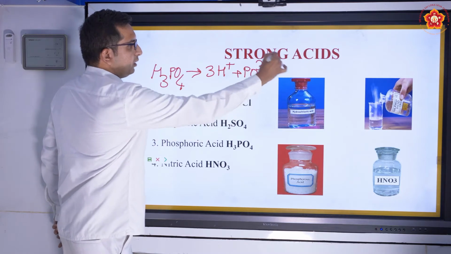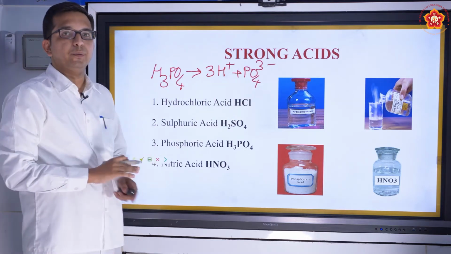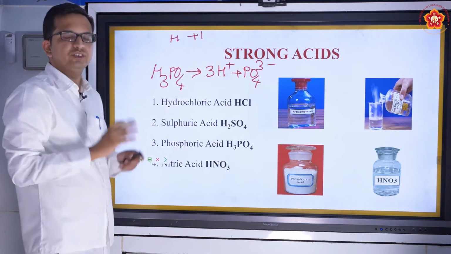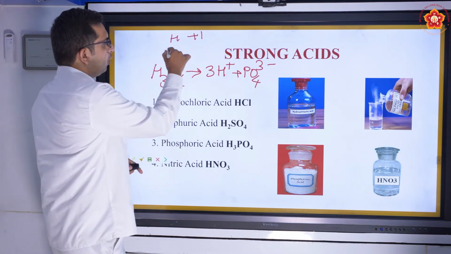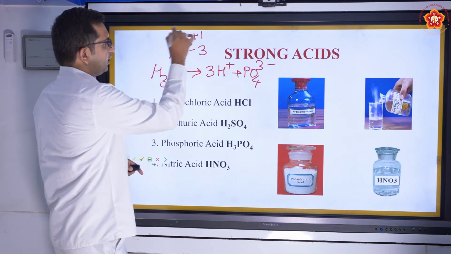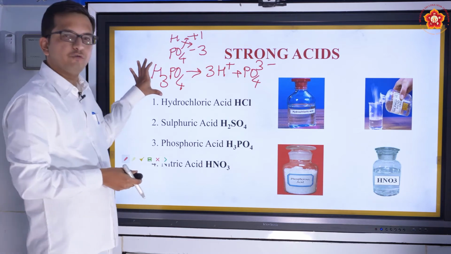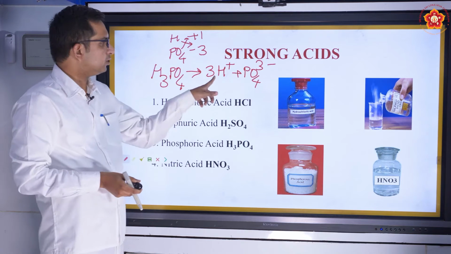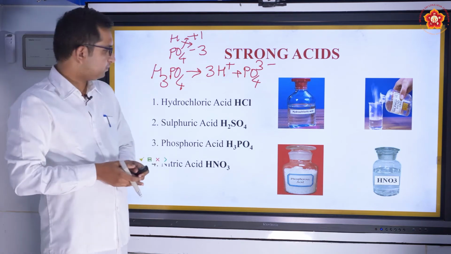This has to have 3- because that is how this H3 will be formed. Once again, to just explain the basics, we know that H has a +1 charge, and PO4, if it has a -3 charge, this is how we can write the formula H3PO4. And we understand that per molecule of phosphoric acid, you get 3 hydrogen ions.